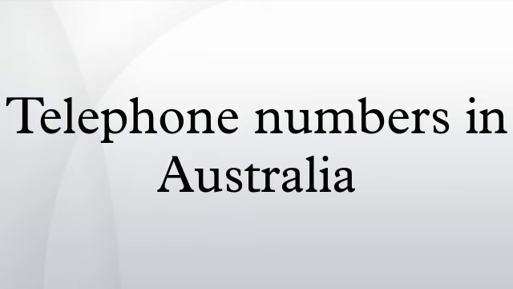Some notes: these numbers do not have a trunk prefix. The 106 number is believed to be the first nationwide TTY emergency service in the world. 13XXXX, 1300XXXXXX and 1800XXXXXX numbers can provide source-based routing, used by organizations such as pizza chains that advertise one number nationwide that connects customers to their nearest store.